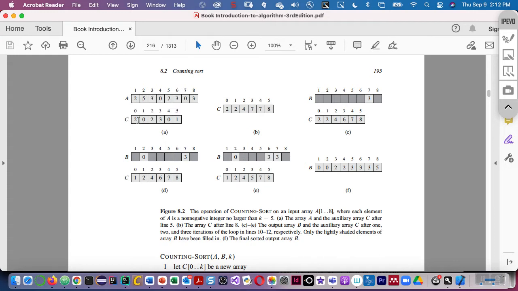But the array is C. There are some fixed properties for this array. The size will be the highest element in the given array plus 1. Its size must be 1 more than the highest element.